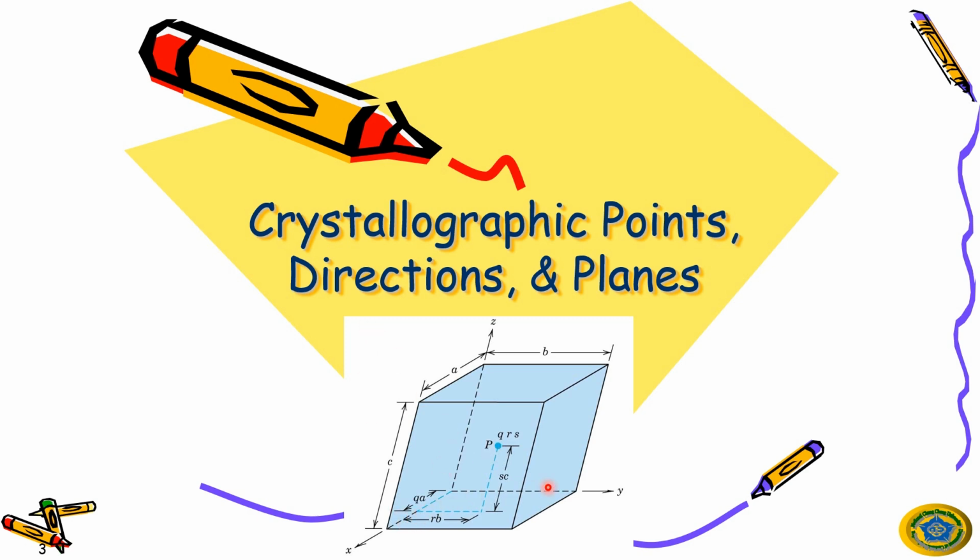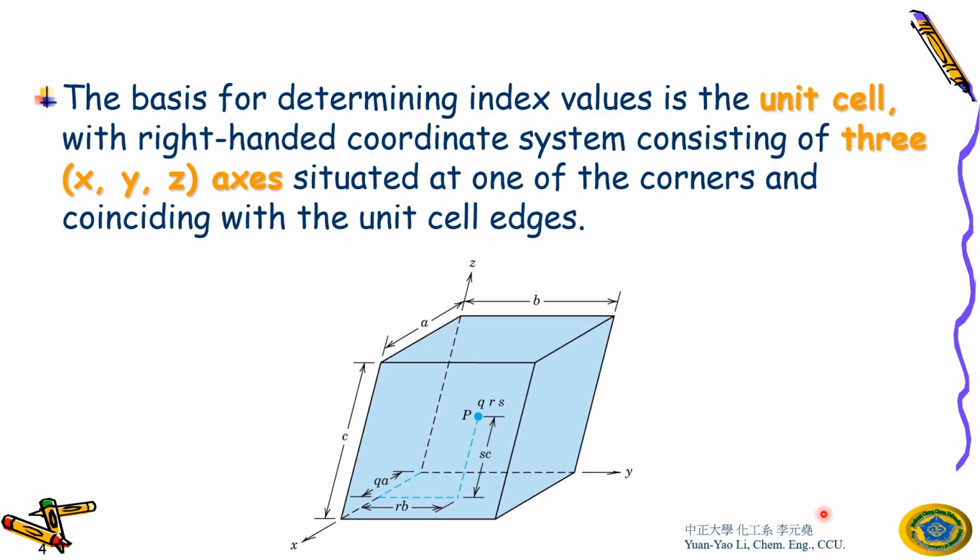You have a direction like this. How are you going to make sure you are talking about the same thing with others? How about a plane? The plane is this one, or this plane, something like this. So we have a systematic approach today, and you need to know how to address points, directions, and planes.